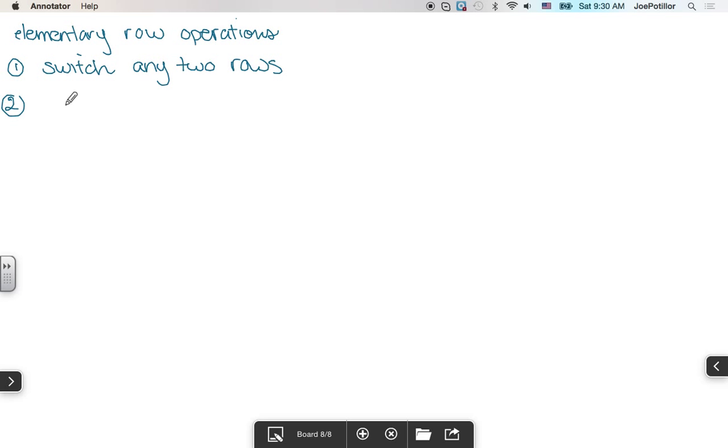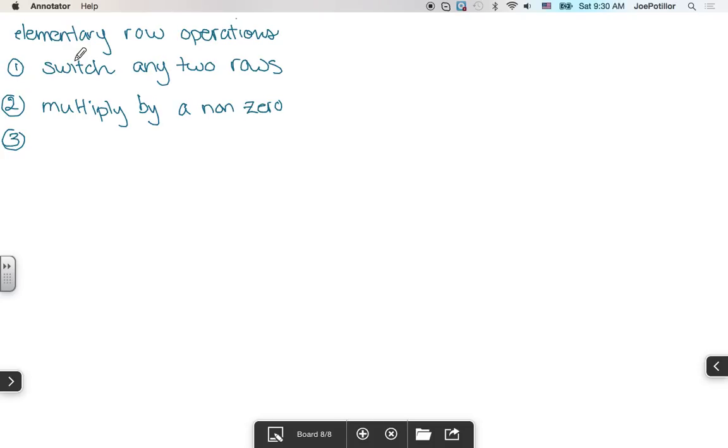We may multiply any row by a non-zero number. And of course, lastly, 3. We may add any two rows together.